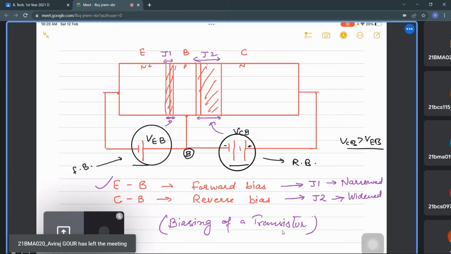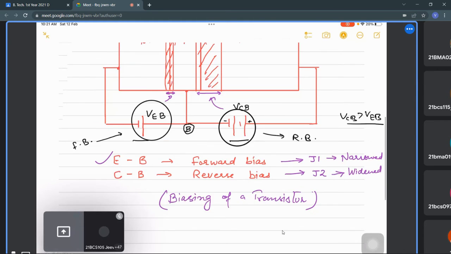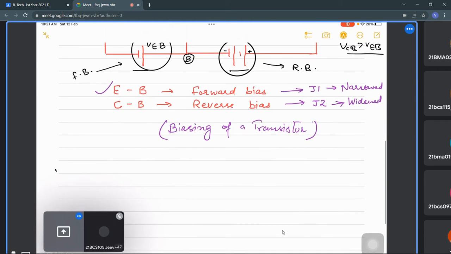Why? Otherwise, this junction J1 will be widened, and that means there is no flow of charge carriers. So we have to make it turn on instead of turn off. So generally it is forward bias or reverse bias. Now we'll see its functioning.